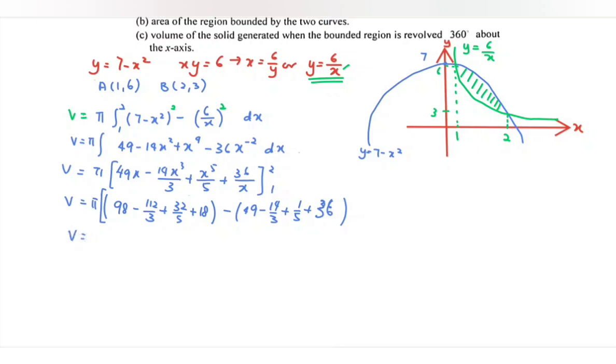By referring to the calculator, we will have 68 pi over 15 unit cube, or we can say 4.533 pi, or 14.241 unit cube. That is the volume for this case.